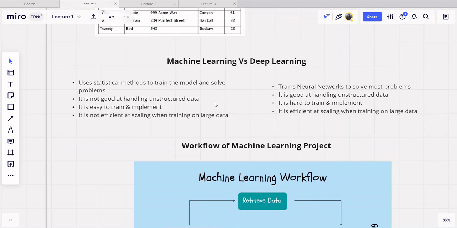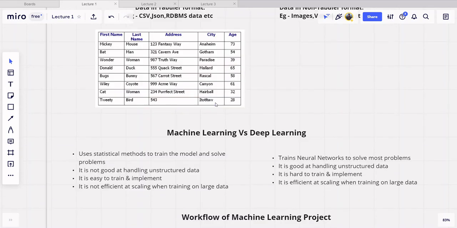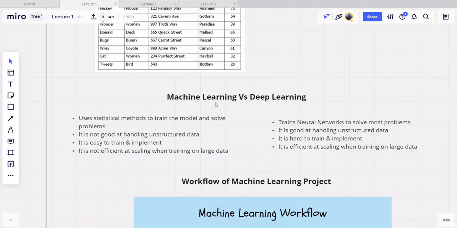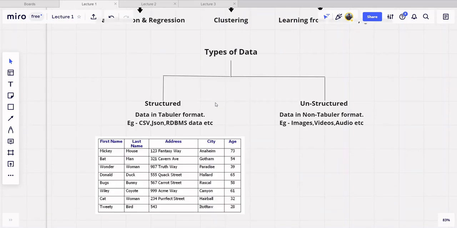Yeah, we discussed that. The next point is, it is not good at handling unstructured data. Again, as I told you, machine learning algorithms are mainly optimized for structured data, and they are not good at handling unstructured data, whereas deep learning algorithms, the neural networks, are really good at handling unstructured data.